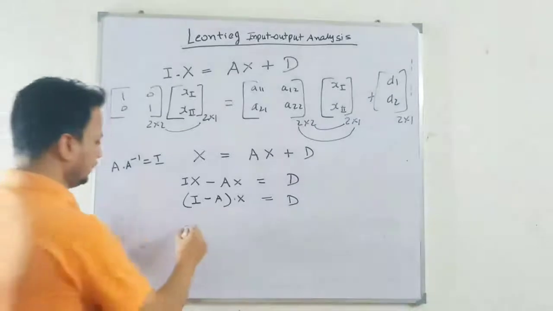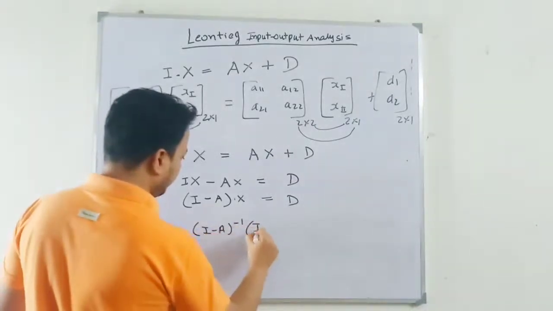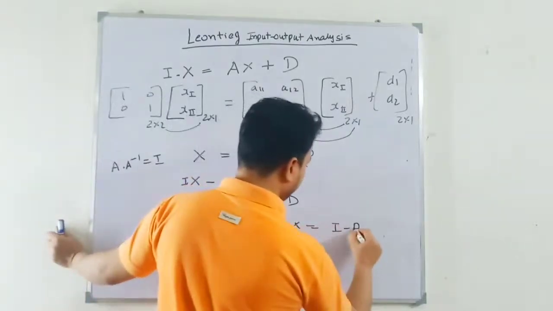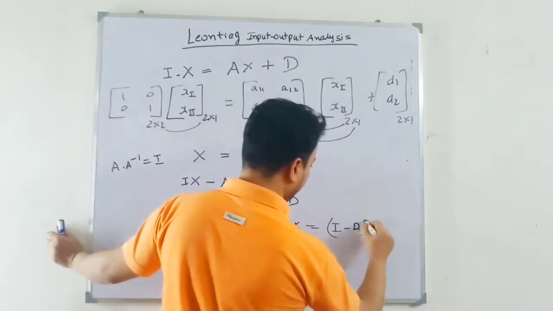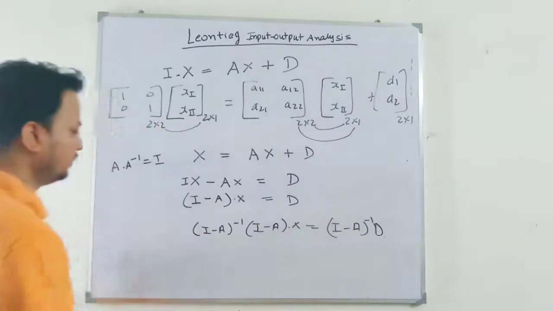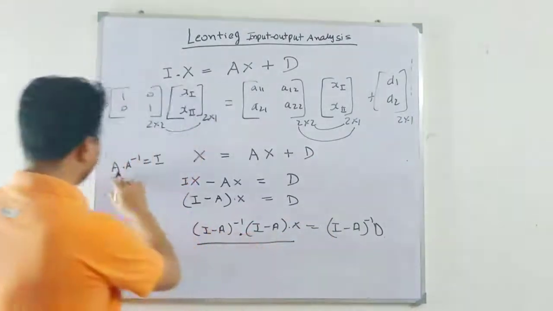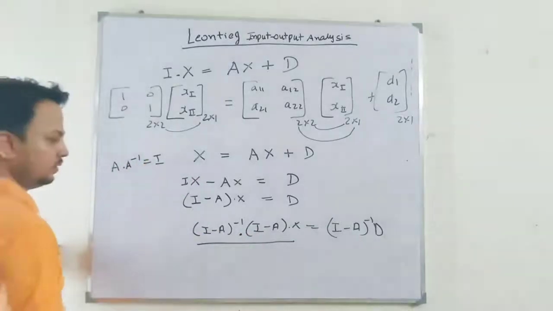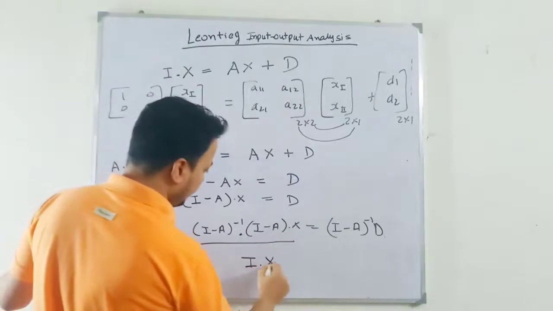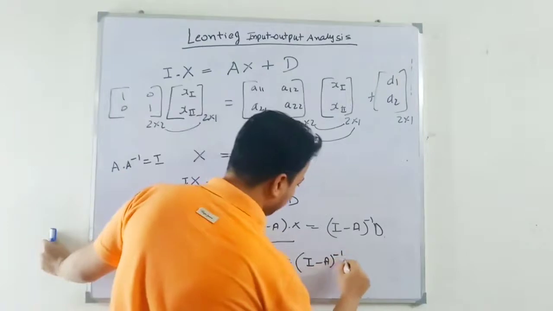So (I minus A) inverse into (I minus A) into X equals (I minus A) inverse into D. What does this mean? A into A inverse is the identity matrix, it will be an identity matrix of 2 by 2 order, into X equals (I minus A) inverse into D.